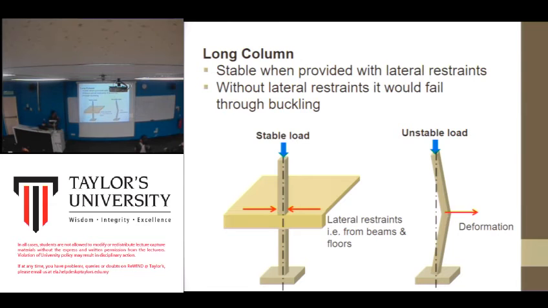If you have restraint for the column, basically it's going to be stable like this. But if there's no lateral restraint, there's a tendency for the column to deform or to bend, or to break in that shape.